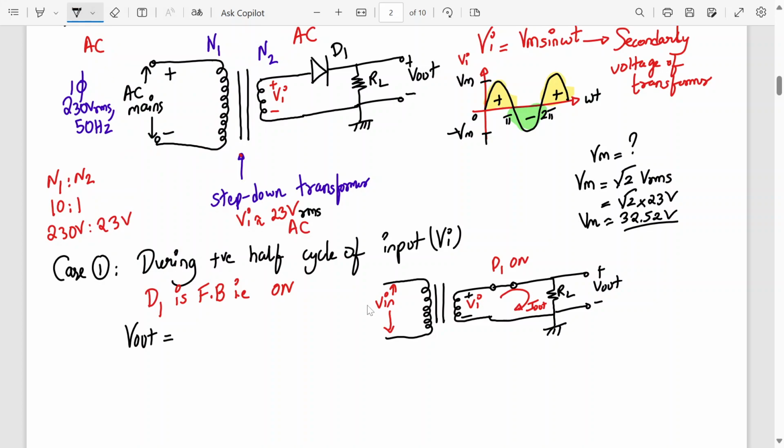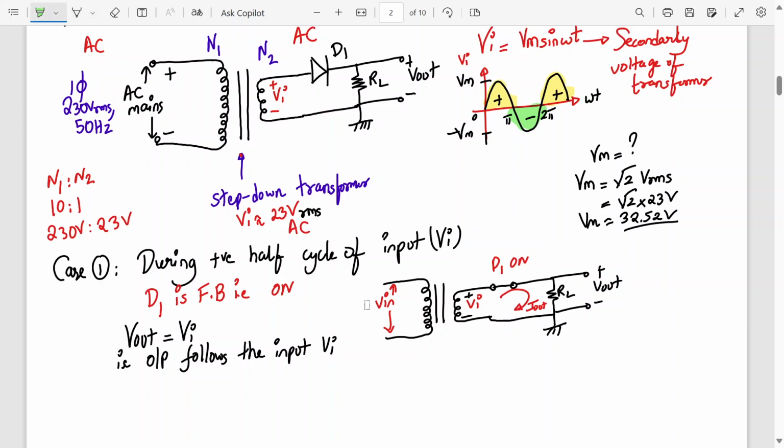V out voltage will be equal to Vi, right? So we can say here output follows the input Vi, the secondary voltage of the transformer. Yes or no? Because this V out is parallel to Vi.